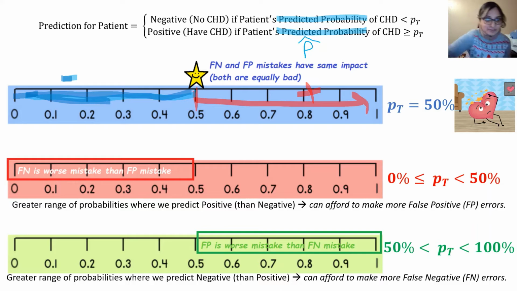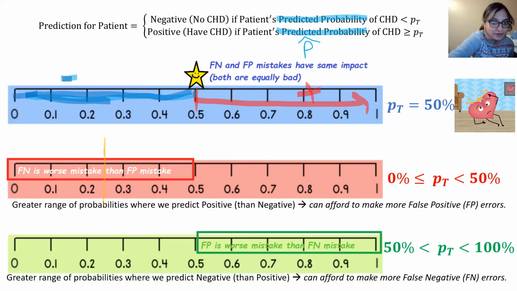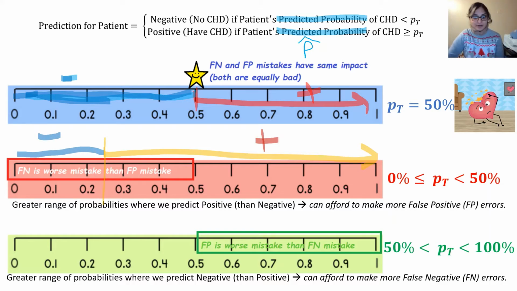For instance, if this is our threshold, which is in this limit here, then all of this area here now is positive, and then just this tiny amount is negative, much smaller.